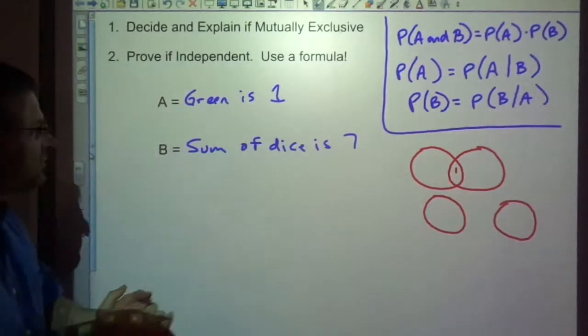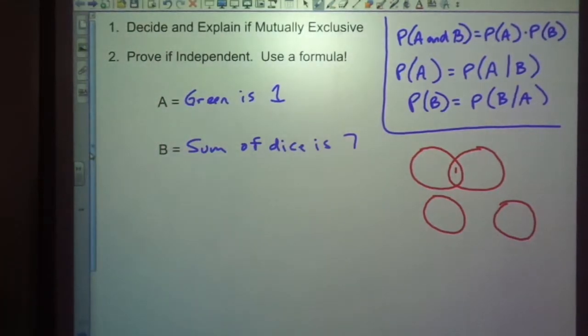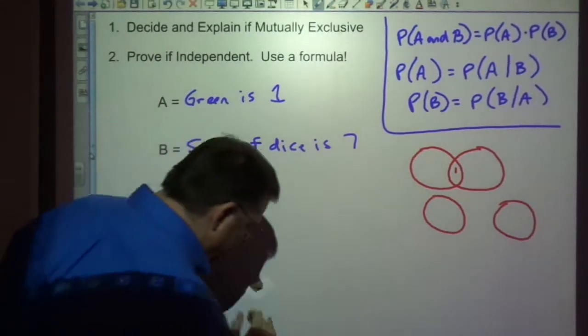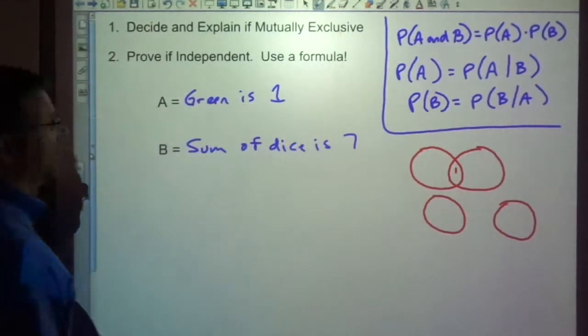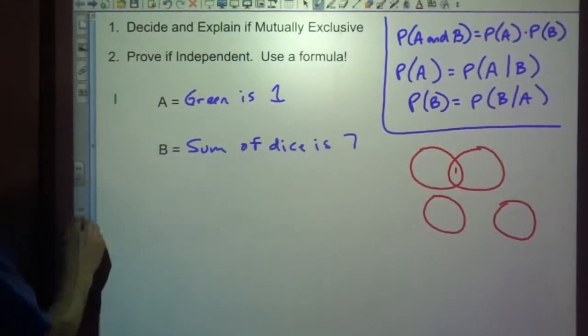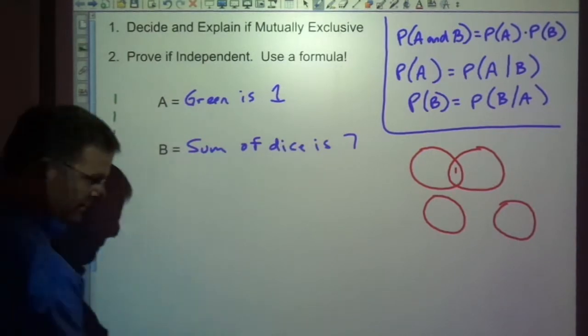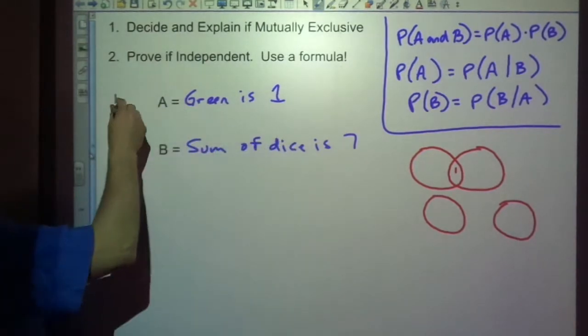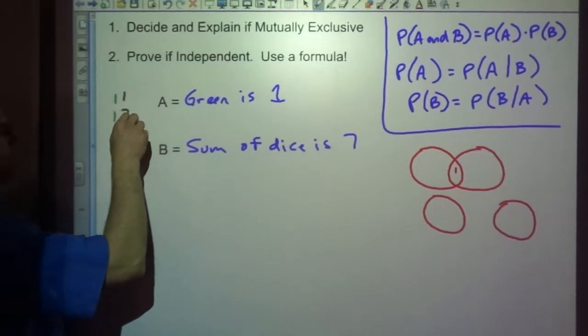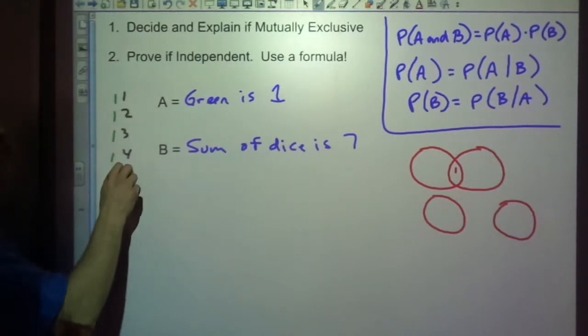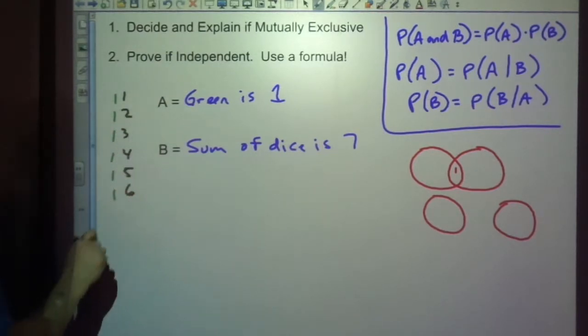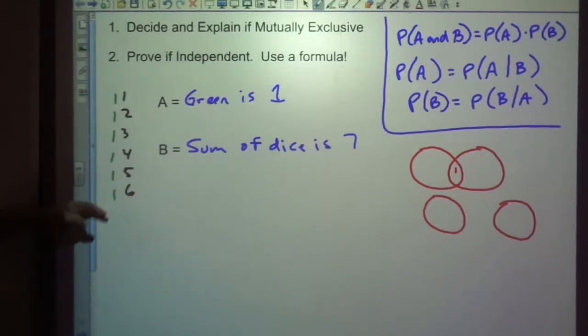And play. Okay. Are they mutually exclusive? Well, let's first consider what my possible rolls are. If I have a green and a white, I could have 1, 1. I could have 1, 2. I could have 1, 3, 1, 4, 1, 5, or 1, 6. Those are the possible rolls where green is 1.